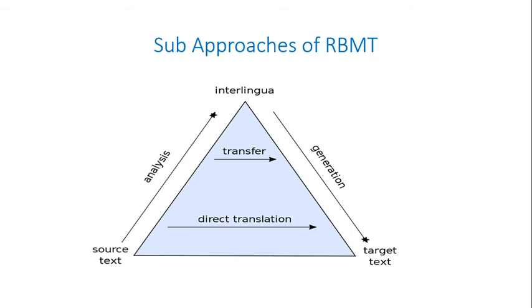Now I repeat it here. In the direct approach, the arrow goes directly to the target text. In the transfer approach, we see the analysis and then the generation. But in the interlingual machine translation approach, we have analysis, but this analysis is fed into an interlingua, and that interlingua generates the translation in the target language.